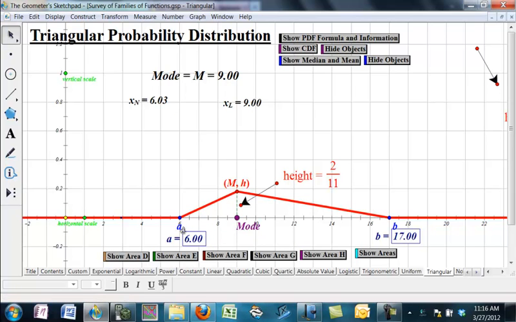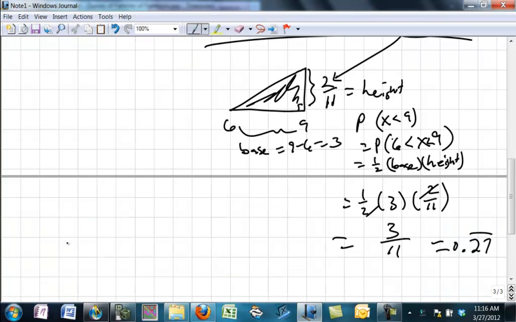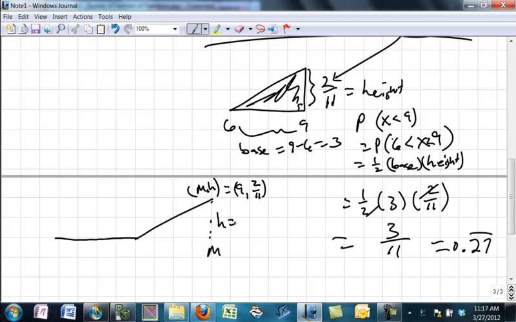So this is the point M, h, which in our case is 9, 2 elevenths. So this h is 2 elevenths. And this is the point where y is 0 and x was 6.